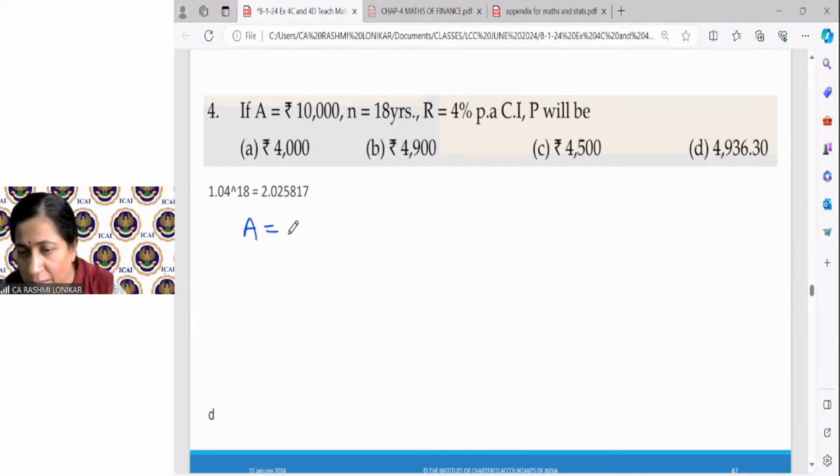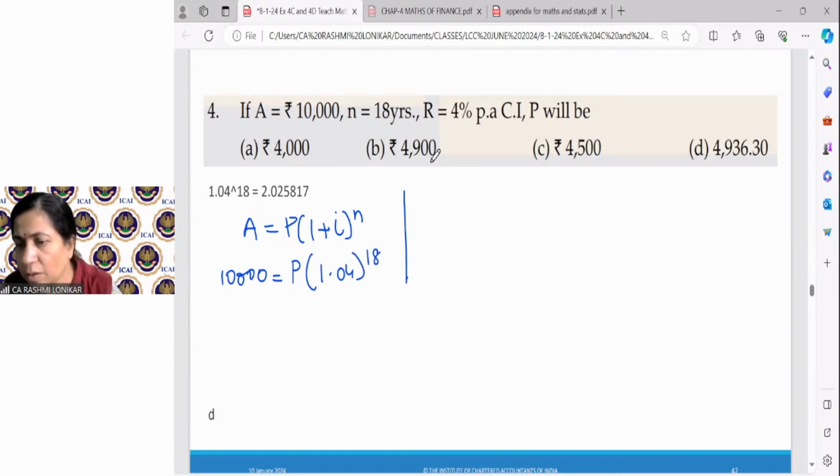A is equal to P into bracket 1 plus i raised to n. What is A? 10,000. What is P? I don't know. And 1 plus i, 1.04 raised to 18. Or P is equal to 10,000 upon 1.04 raised to 18.